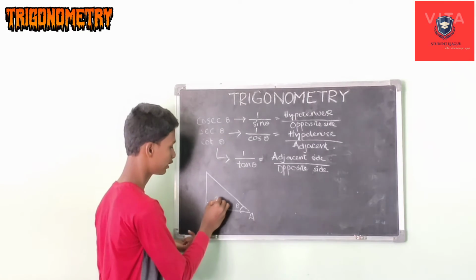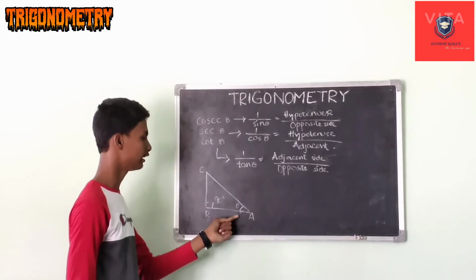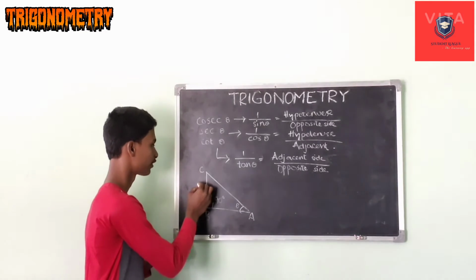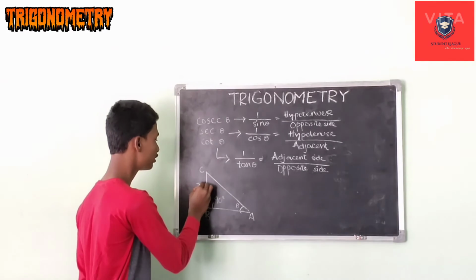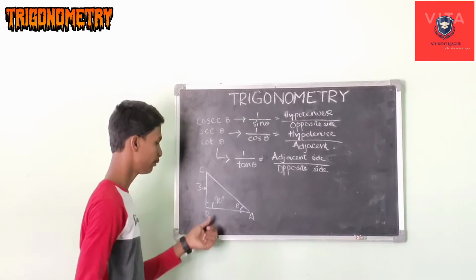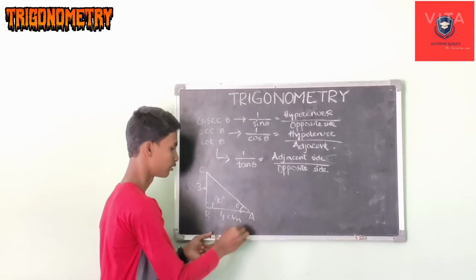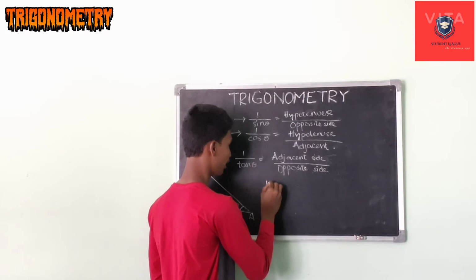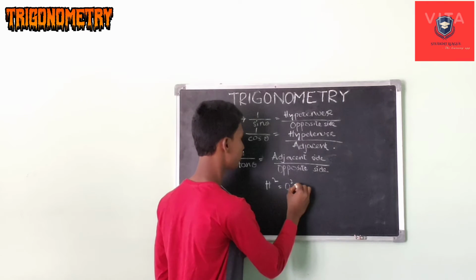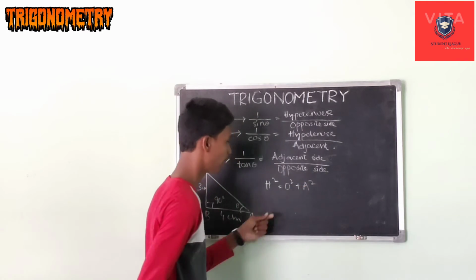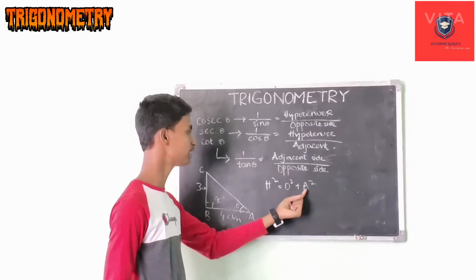Given BC is equal to 3 centimeters and BA is equal to 4 centimeters. We know that hypotenuse square is equal to opposite side square plus adjacent side square.